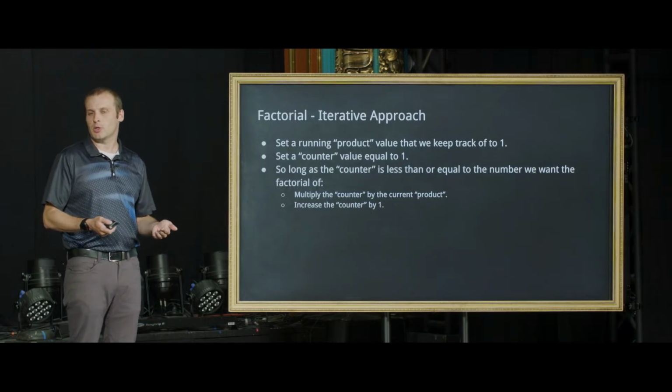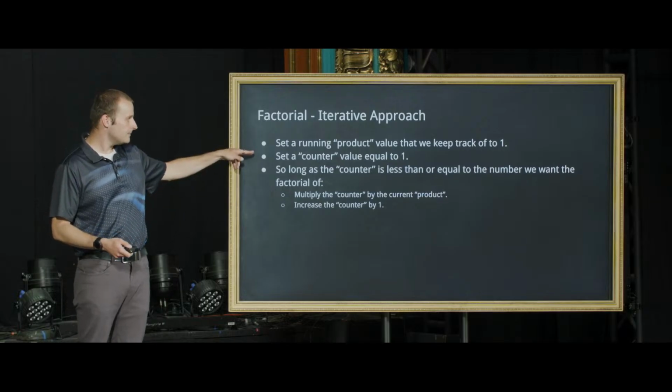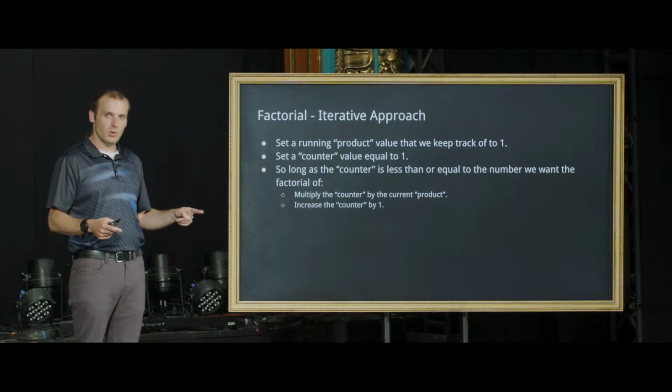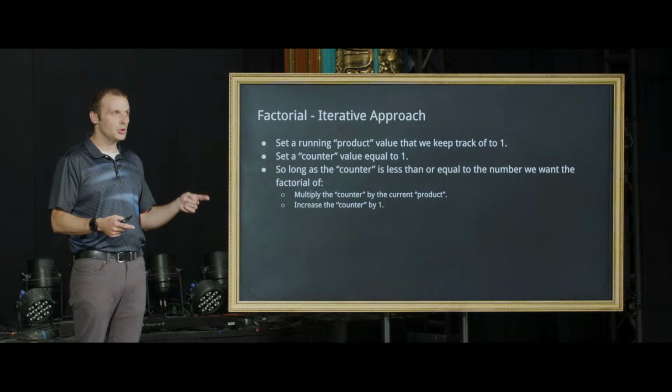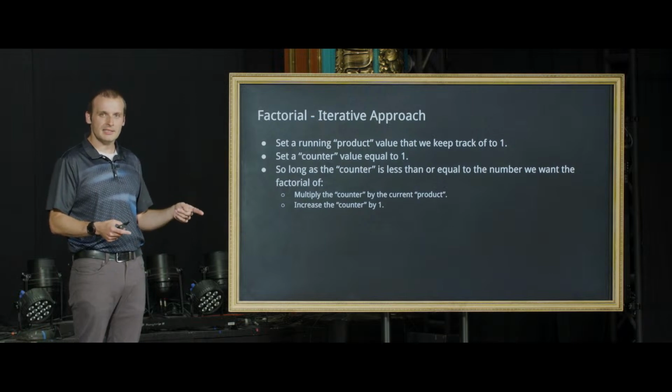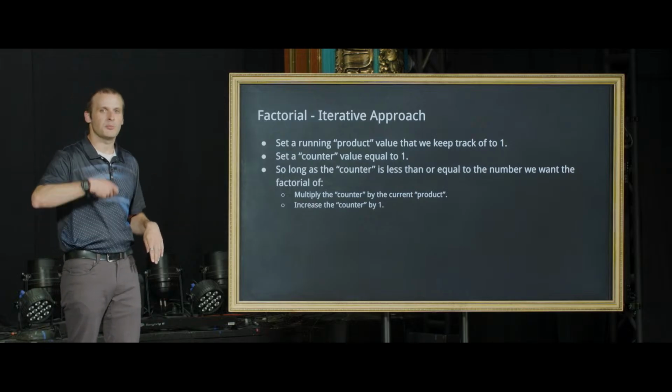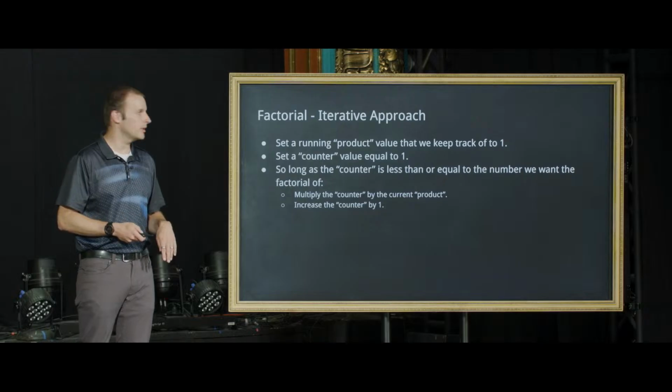So if we're calculating the factorial of 4, we start at 1, and we have our counter at 1. 1 times 1 is 1. 1 times 2 is 2. 2 times 3 is 6. 6 times 4, which is the number we're trying to calculate, the factorial of 4, is 24. So that's an iterative approach to calculating the factorial.